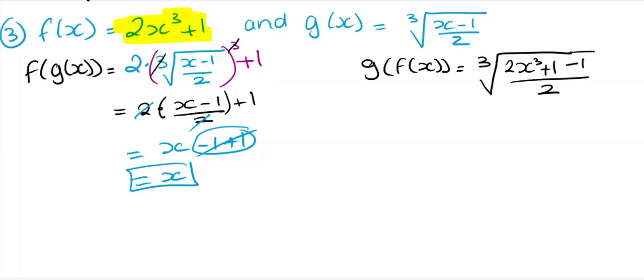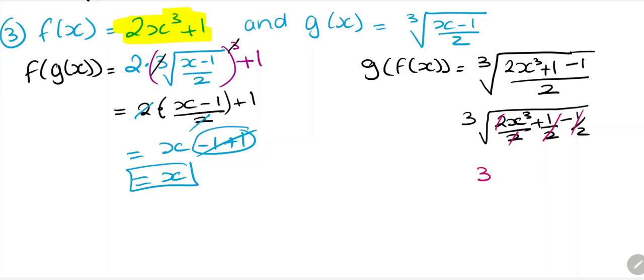Okay, so let's simplify this function. So we've got the cube root, and then inside we have 2x cubed over 2 plus a half minus a half. So a half minus a half will cancel. The 2 divided by 2 will also simplify, so we're left with the cube root of x cubed.